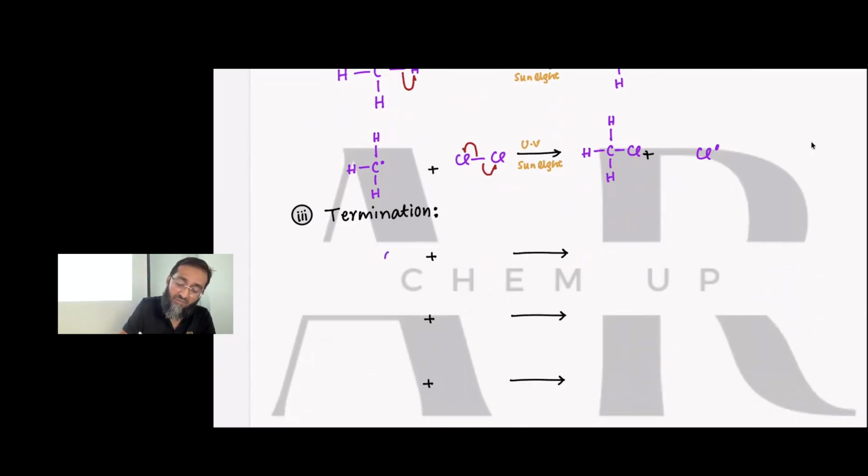For example, one possible combination would be that the two chlorine radicals join with each other, forming a chlorine molecule again. The second possibility would be two methyl radicals joining with each other, because these all are radicals, right? So they are going to share their bonds with each other.